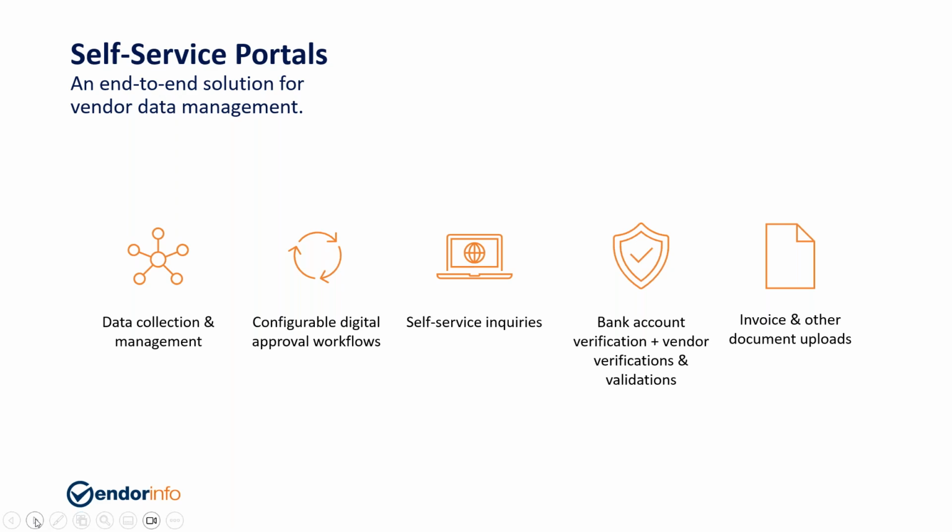These portals allow us to automate the collection and management of vendor information, whether it's a first-time vendor or an existing vendor. Configurable digital approval workflows eliminate the email paper chase. These rules automatically route information to predefined individuals based on rules that we've set up.